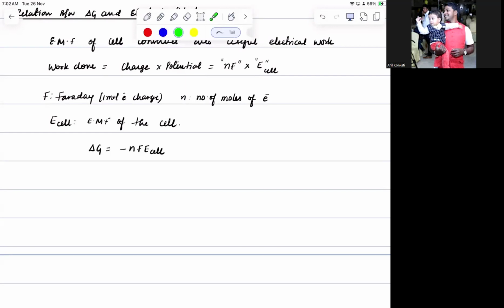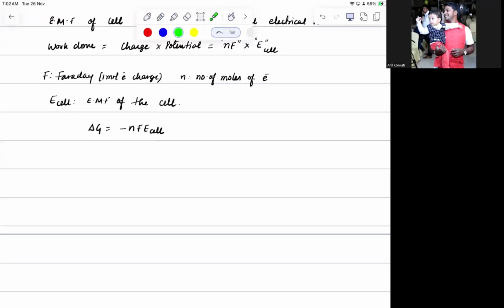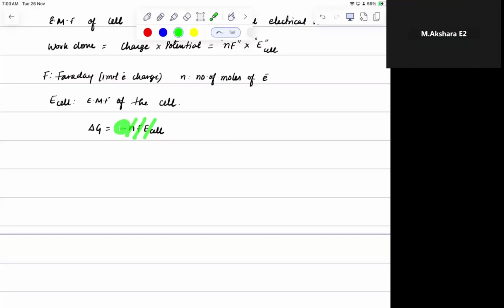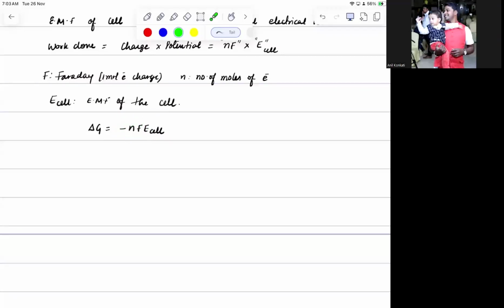This minus is introduced to match the thermodynamic convention, because in thermodynamics, delta G always needs to be negative for spontaneous change. Since all these terms are positive, to make sure that delta G is negative, we added this negative sign. So if delta G is negative, then E is positive, which means it is spontaneous.